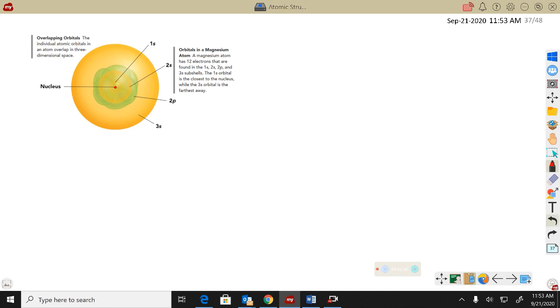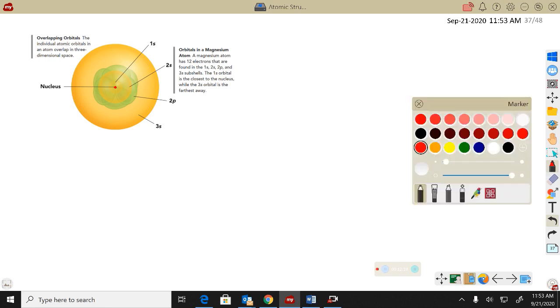Again, the nucleus is crazy, crazy tiny compared to the size of the electron cloud. We've just got one nucleus. And it's not that these orbitals are like bubbles that fly around the nucleus. They're all kind of superimposed on the nucleus. They all overlap each other in this 3-dimensional array of orbitals. It gets kind of wacky. Can you kind of see this?